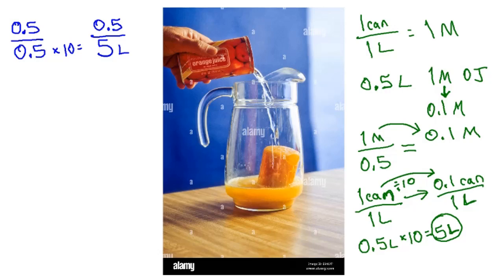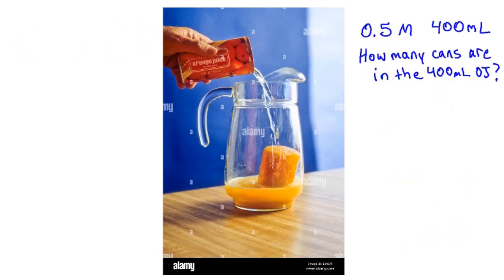So 0.5 divided by 5 liters is 0.1. So that's going to be your concentration, 0.1 molarity. So now if you don't understand that, don't worry, we'll go back to it.